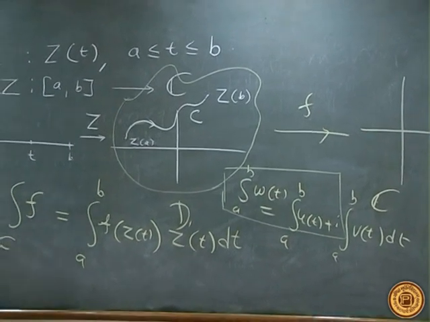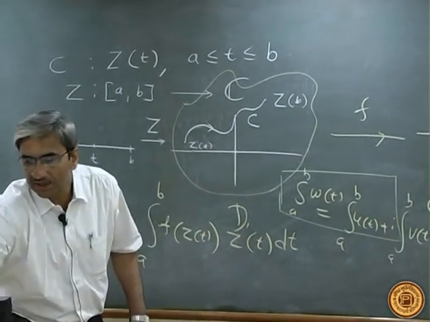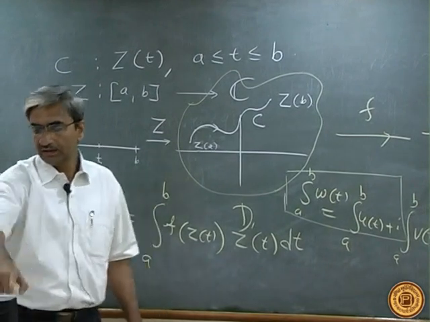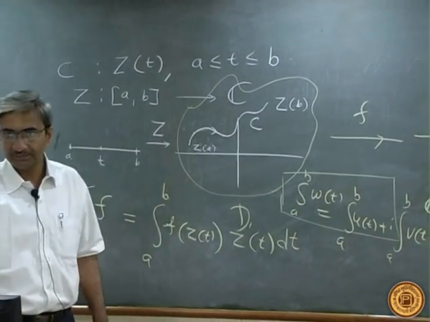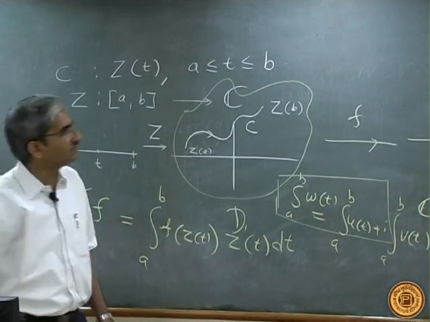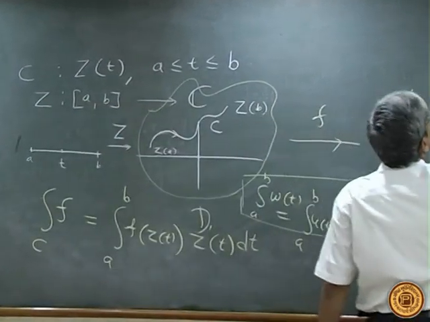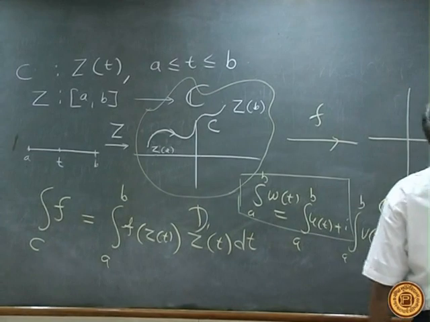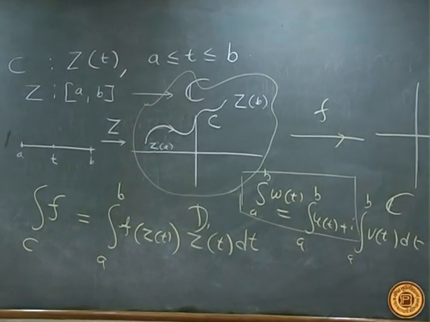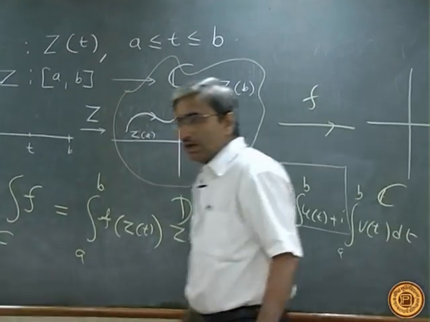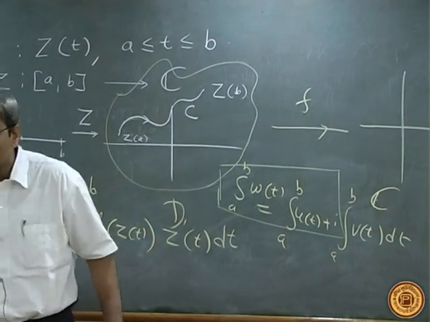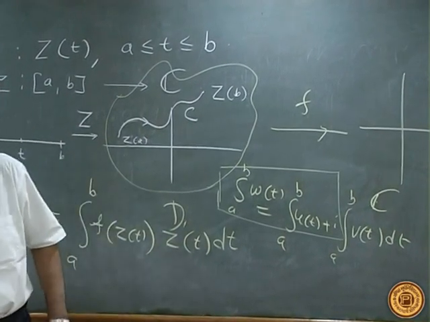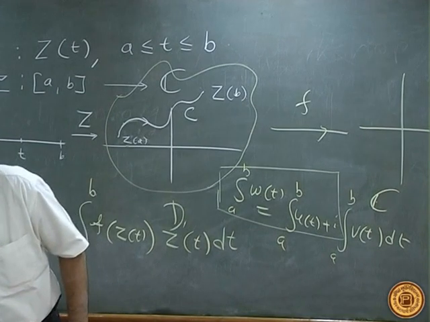So we already solved one problem. Let's go to problem number 2, which is on your screen: f(z) = z − 1. There are two parts. Part A is to integrate this on the semicircle.